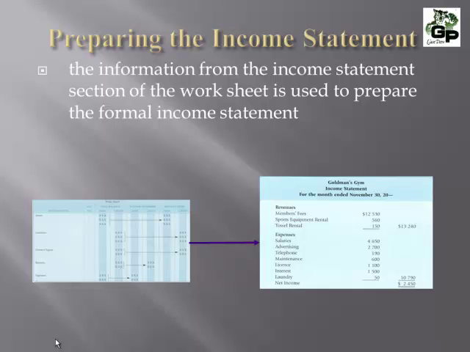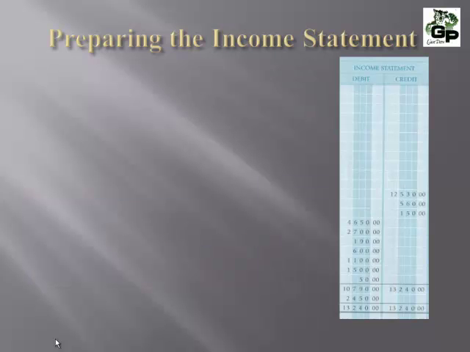So we now are able to prepare our income statement. The information that we have in the worksheet is transferred over to a formal income statement, as we see here in the diagram. We take this information from the income statement.